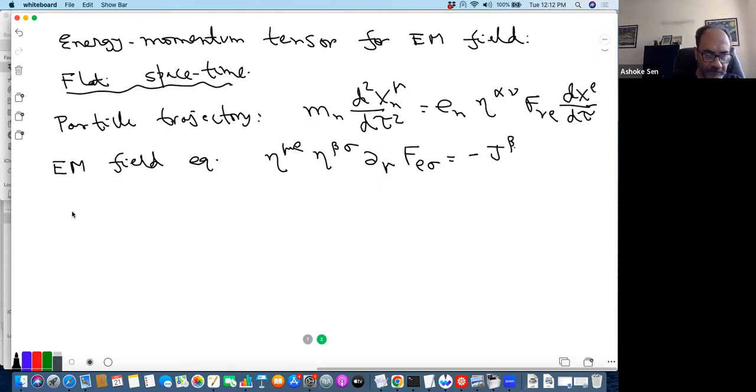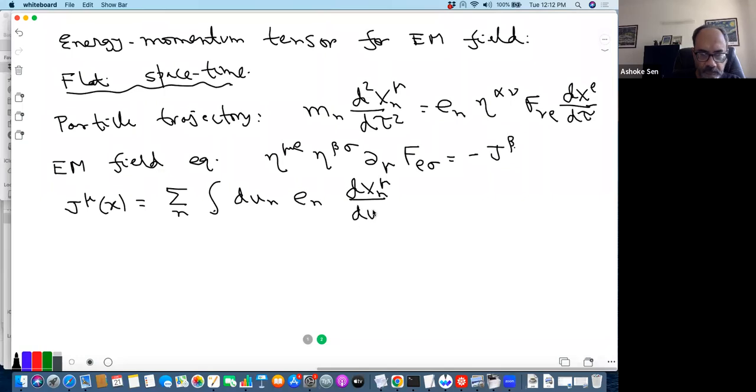So let me write down the expression for J. So J^μ(x) was the sum over n, integral. So all of these we have seen before.